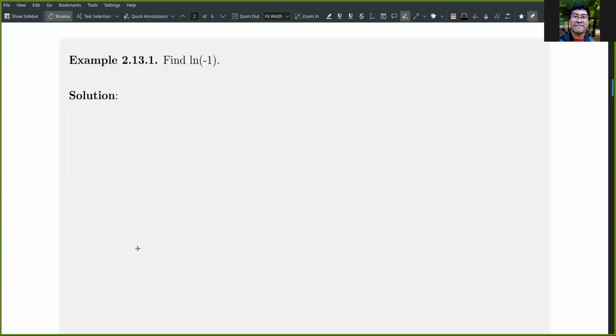Example, find ln of negative 1. You might have known that ln of negative 1 does not exist, but the reason is that without thinking about complex numbers, there is really no natural logarithm of negative 1.